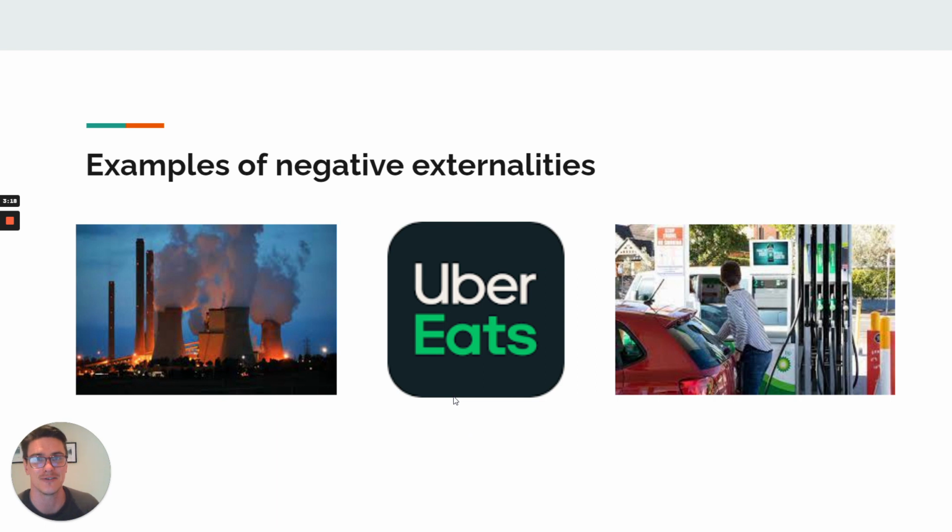Uber Eats, I think, is another kind of contemporary example because it can create a lot of traffic. You can sit at home and you order some food perhaps, and somebody goes and picks it up. How amazing is that? However, the Uber drivers park in the street where the restaurants are, and that imposes a cost. It creates some traffic. It means there's no parks for other people.